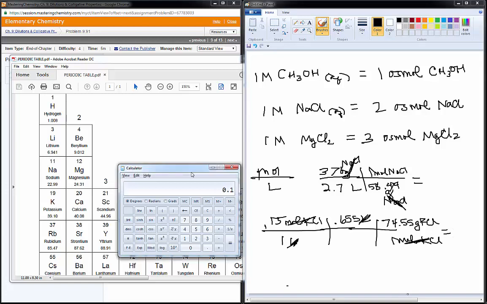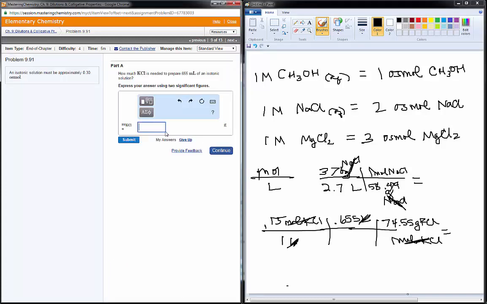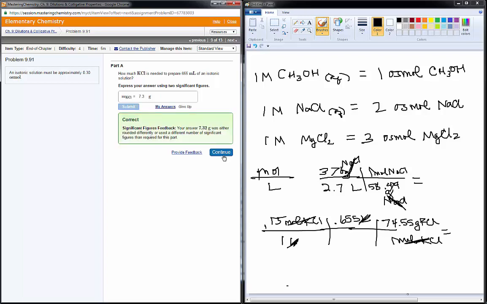So here we've got 0.15 moles per liter times 0.655 liters multiplied by 74.55 grams per mole gives me 7.32 grams KCl.